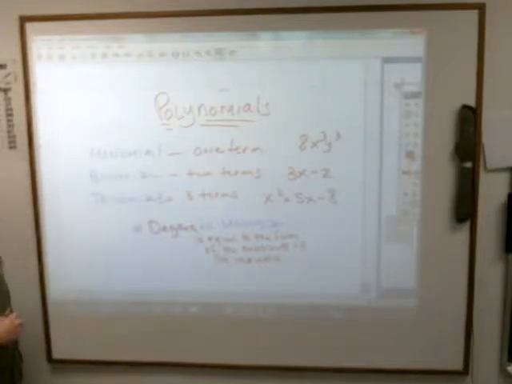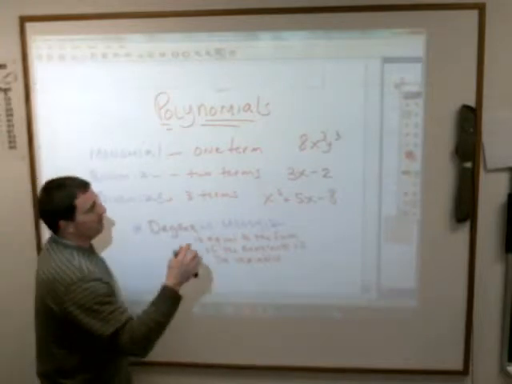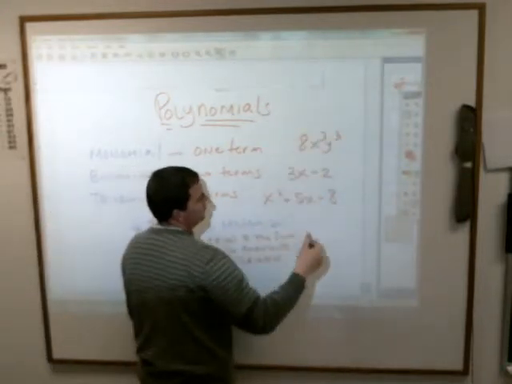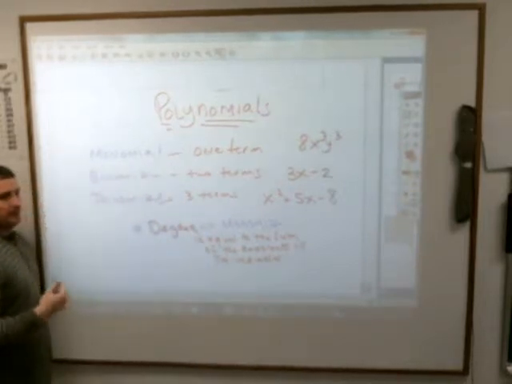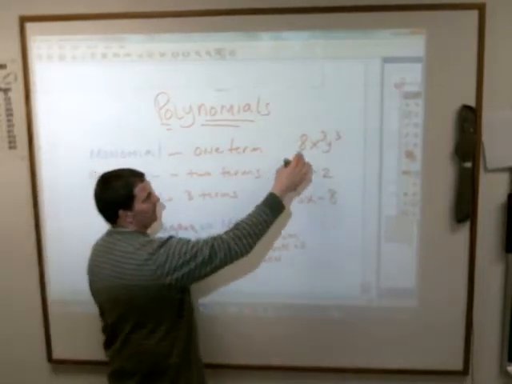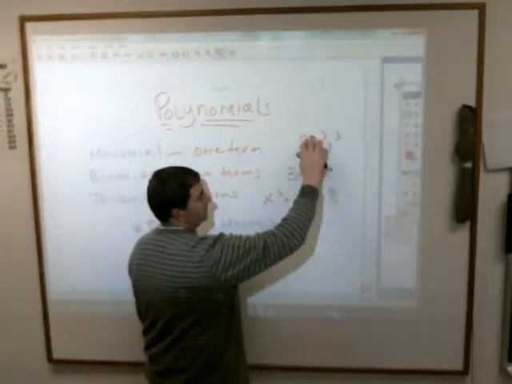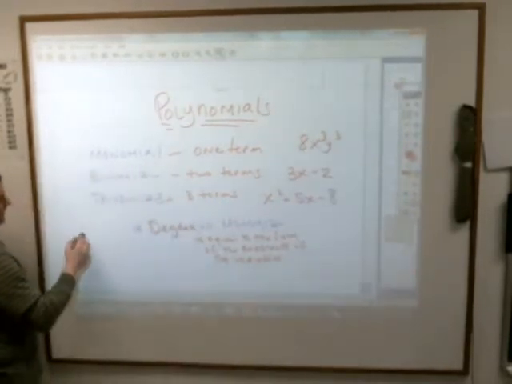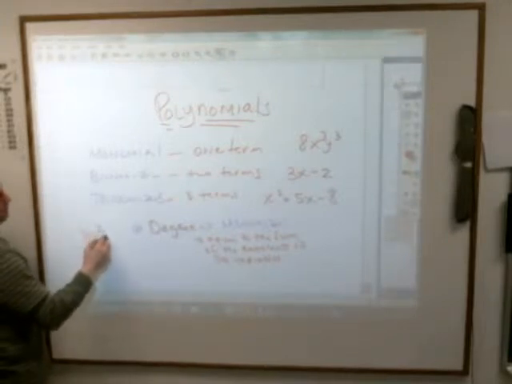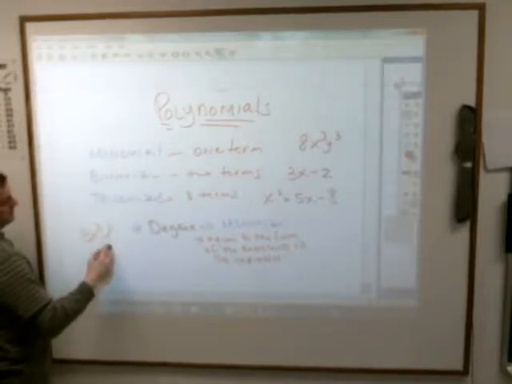In other words, when you're talking about a monomial, if they ask you to give its degree, you simply add the exponents of just the letters, not the number. 3 plus 3 is 6. So 8x to the third, y to the third is the 6th degree.